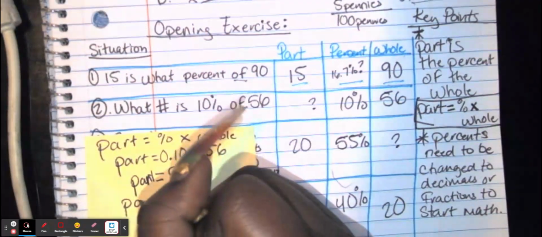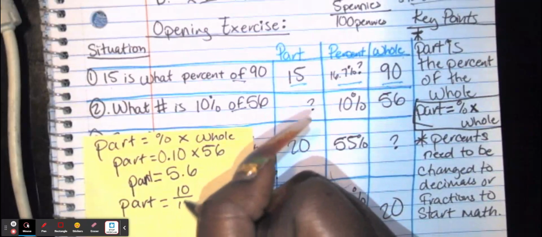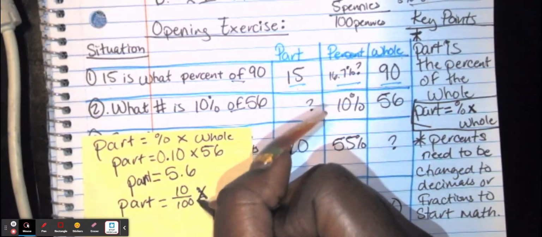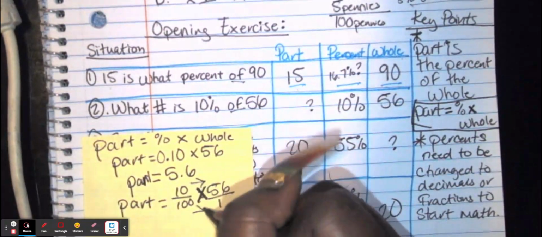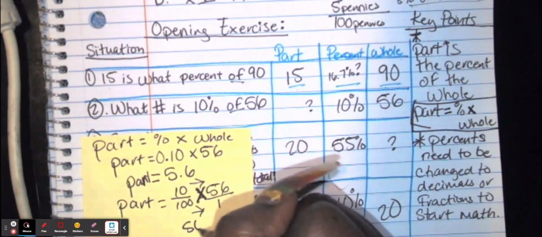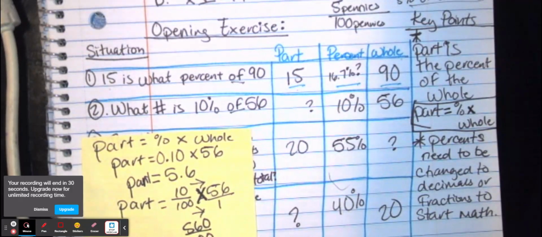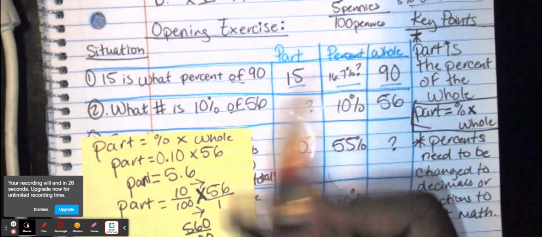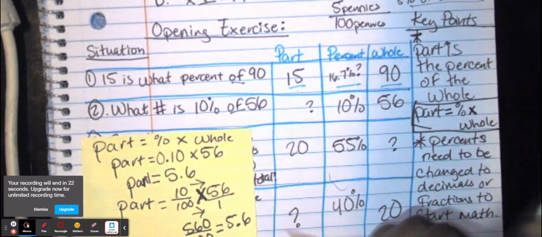Or even if you say part is equal to 1 over 10 times 56, of course, multiply straight across the top, straight across the bottom. So it'll be 560 divided by 100, which will still give you 5.6.